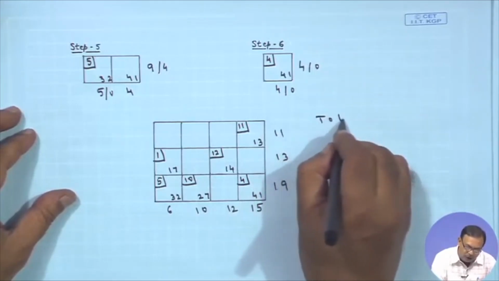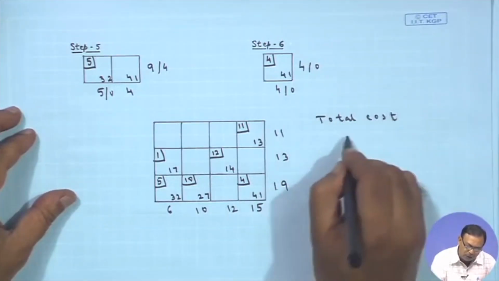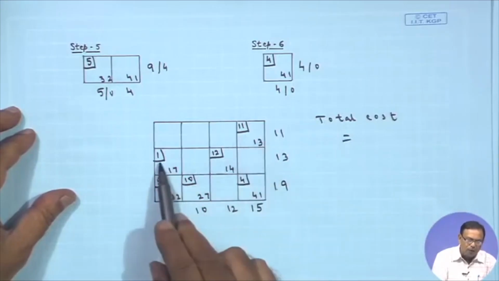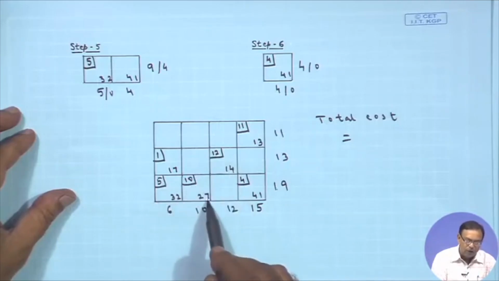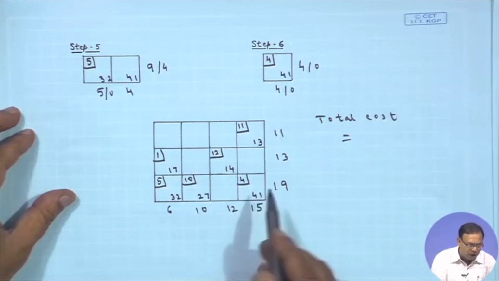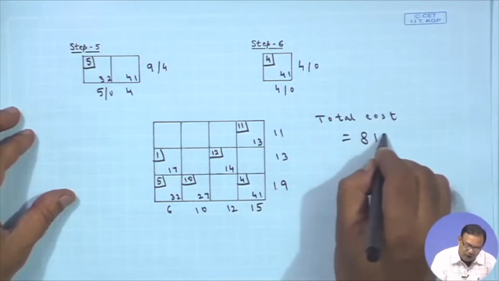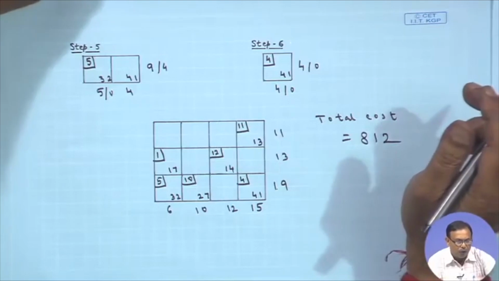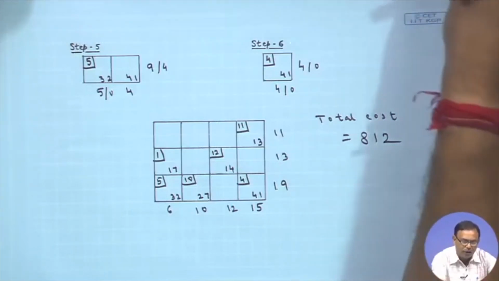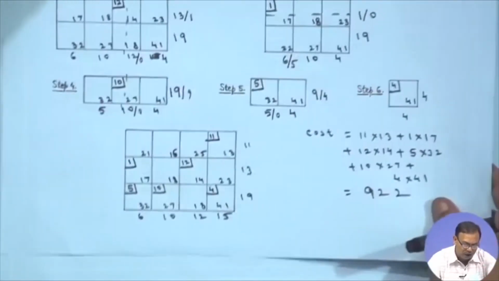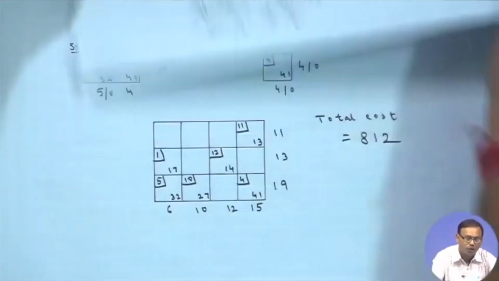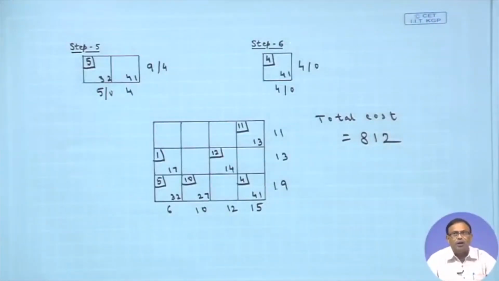If you calculate the total cost, your total cost will be equal to 11 into 13 plus 1 into 17 plus 12 into 14 plus 5 into 32 plus 20 into 27 plus 4 into 41, and you will find that the value is 812, compared to the earlier case which was 1037 or 922, or in the earlier case for this problem it was 922. So, the cost has reduced in this case. Please note this, that the cost has reduced.